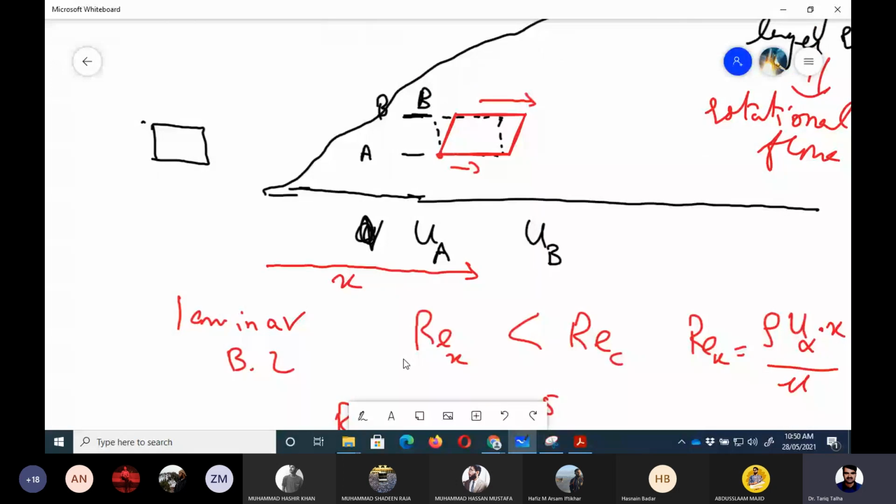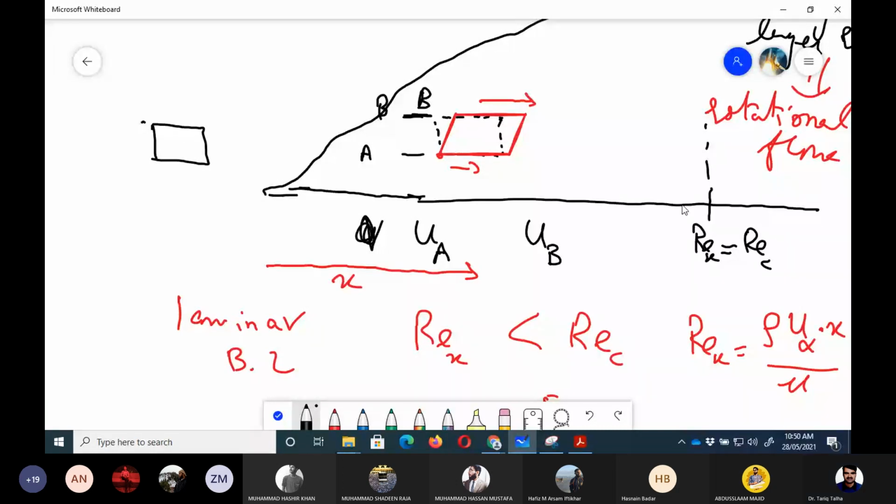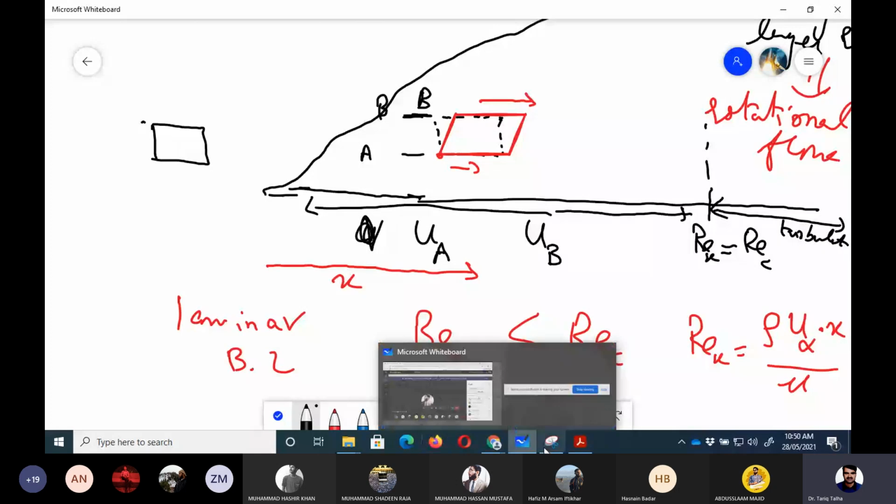So there would be a point where, let's say, Re_x is equal to Re critical. In that case, this portion would be the laminar boundary layer, and after that we would have a turbulent boundary layer, because the flow transition would occur after 5 lakh or 3 lakh, depending on the surface roughness of the flat plate.